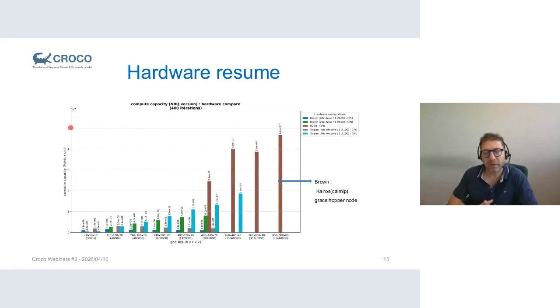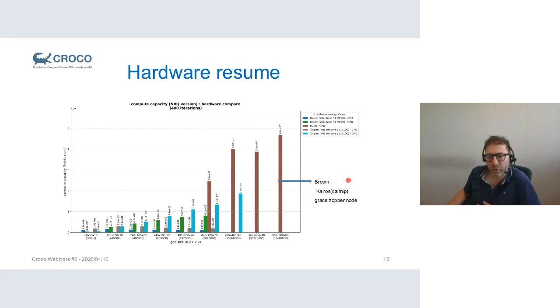Here I show a summary of the last graphic, and we can see that the evolution in time with the cluster and hardware goes toward better computing performance. The brown is our last cluster.